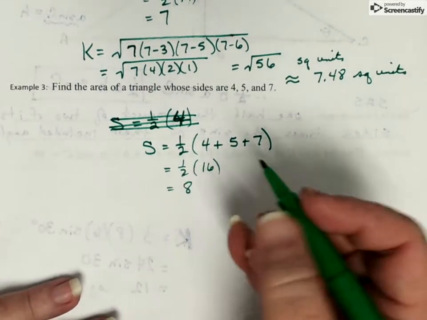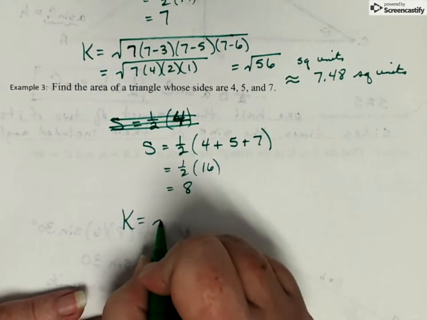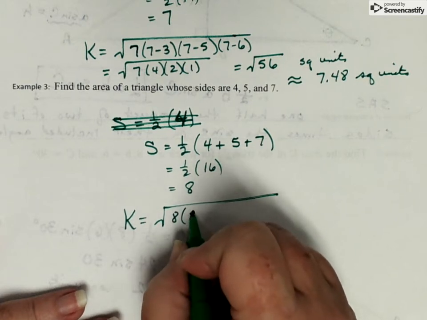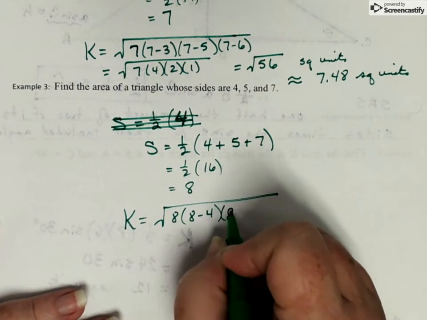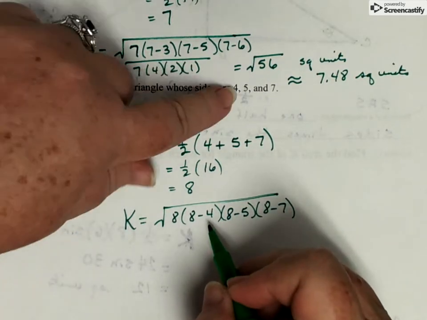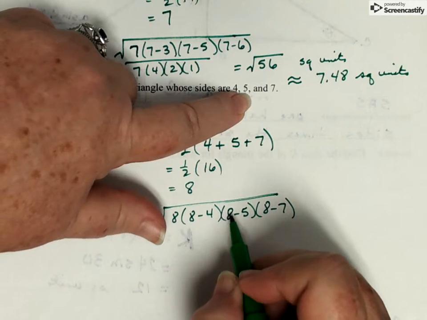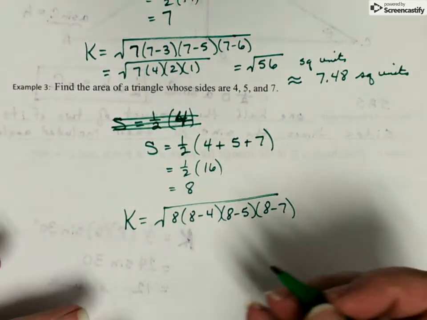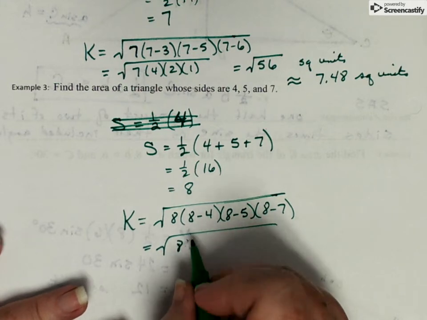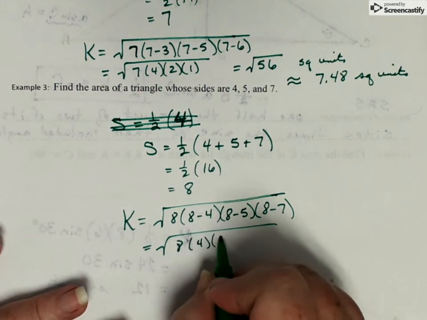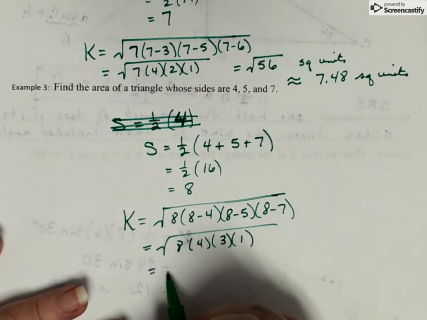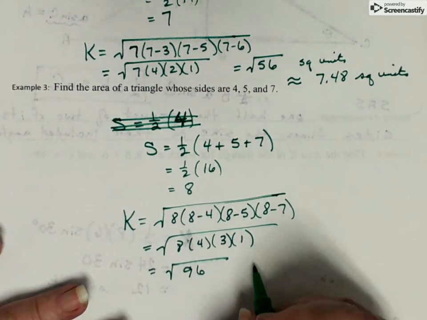Let's plug into our formula, and the area is equal to the square root of 8 times 8 minus 4 times 8 minus 5 times 8 minus 7. Notice I used the three sides, 4, 5, and 7. And that's going to be the square root of 8 times 4 times 3 times 1, which is the square root of 96 square units.